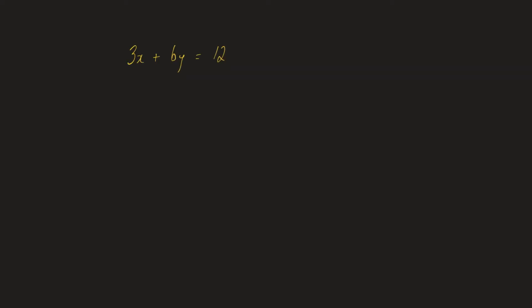With our example here, we have 3x plus 6y equals 12, and I want to get it into the form of y equals mx plus b. So that's saying something x plus or minus a number. So I need to manipulate the equation.